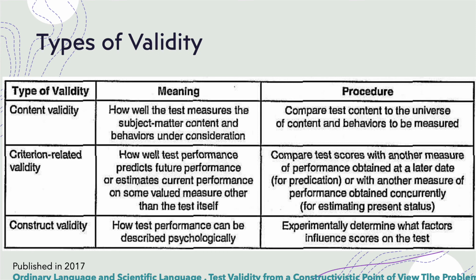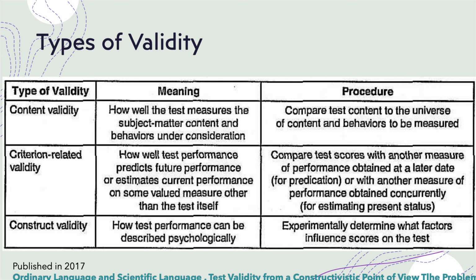Criterion-related validity is how well the test performance predicts future performance or estimates current performance on some valued measure other than the test itself. So we give, for example, we have you take a test if you want to go to graduate school, and that test is supposed to predict your future performance.